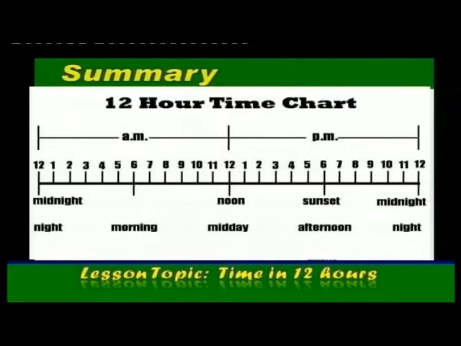Now, in 12-hour time, we also use AM and PM. AM is during what time of the day? Students, can you tell your teacher? Samuel, AM is during what time of the day and PM is during what time of the day?